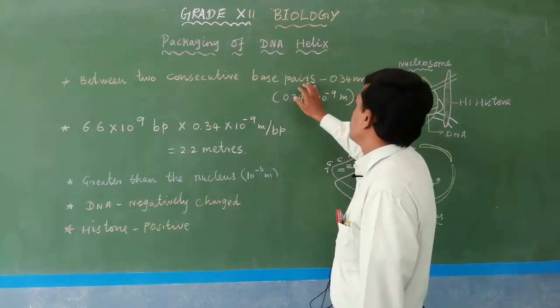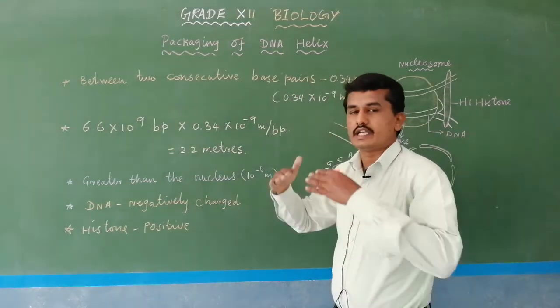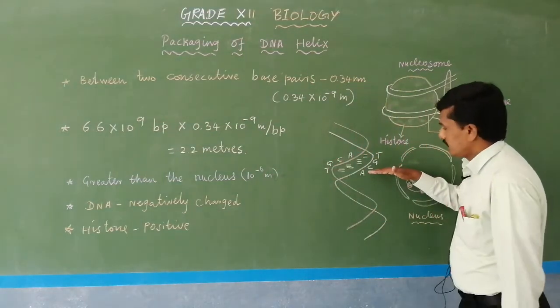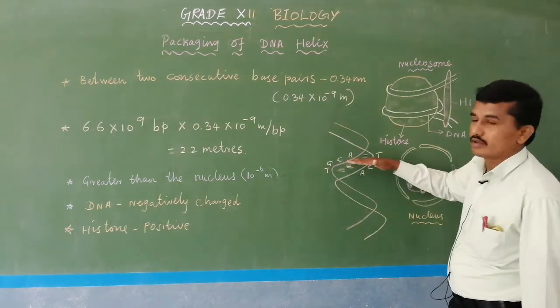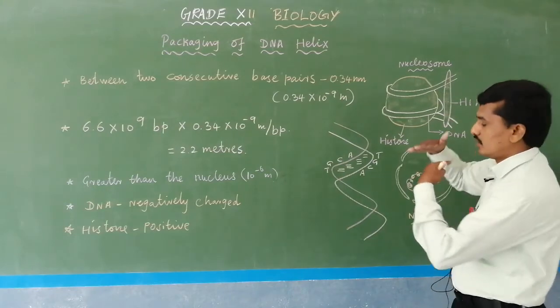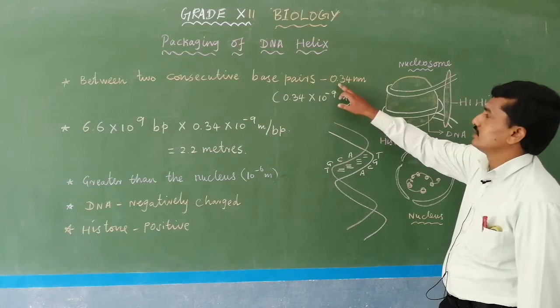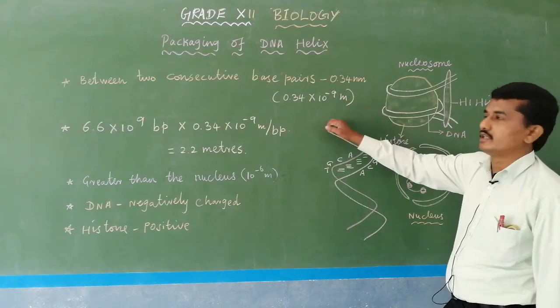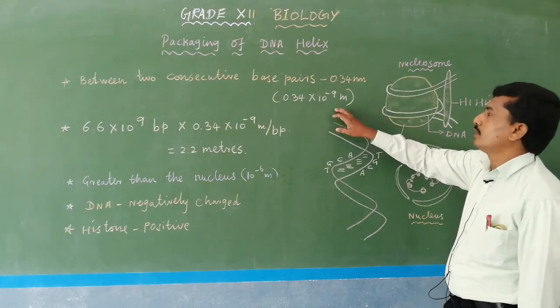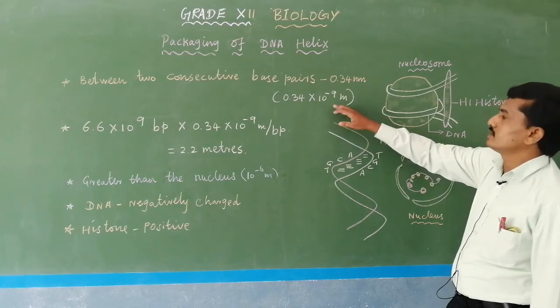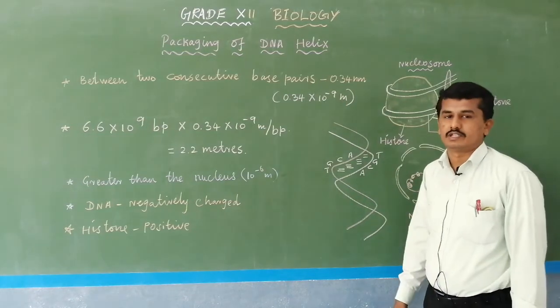DNA is a collection of base pairs: adenine and thymine, cytosine and guanine. Between one base pair and the next, there is a 0.34 nanometer distance. A nanometer means 10 to the power of minus 9 meter.